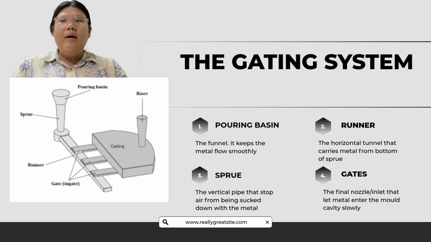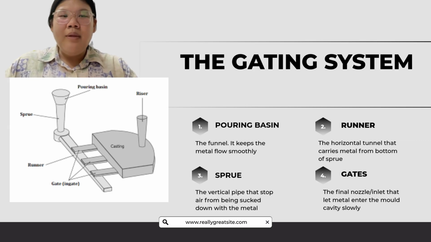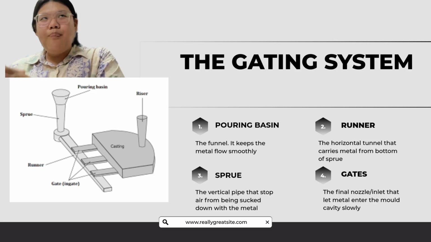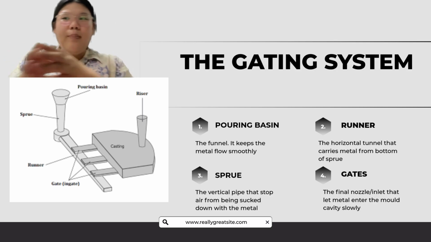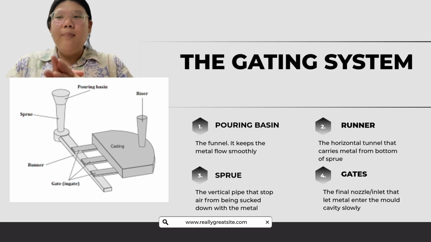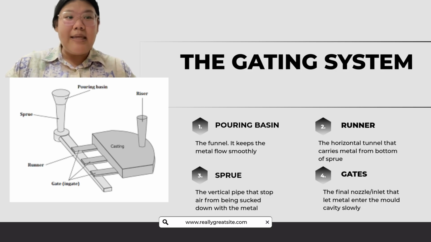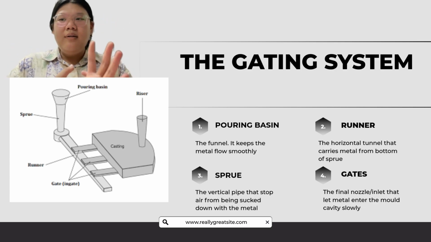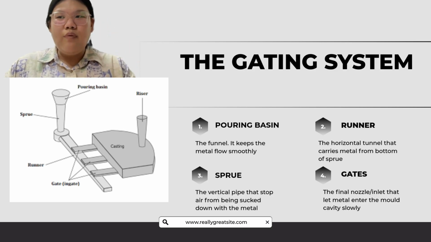So here we are going to talk about the gating system. It is to show the process of a casting from the pouring itself to the casting. Firstly, we will talk about the main components and their functions. The pouring basin is a funnel that keeps the metal flowing smoothly.